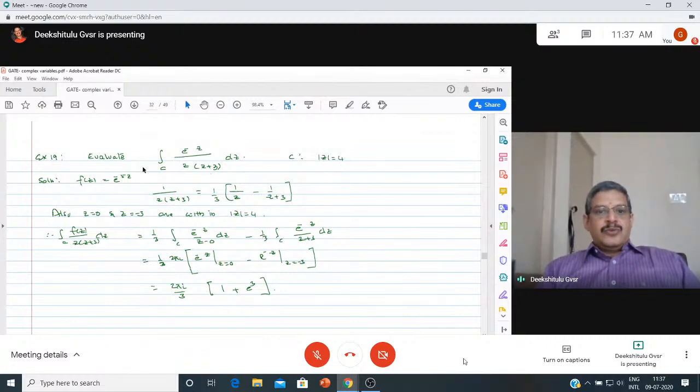But the Cauchy integral formula says f of z by z minus z naught only, and we have z into z plus 3 in the denominator. So we split that into partial fractions so as to apply the Cauchy integral formula. So e power minus z times 1 by 3, into 1 by z minus 1 by z plus 3. For each of these, apply the Cauchy integral formula, and then this is the answer we get.